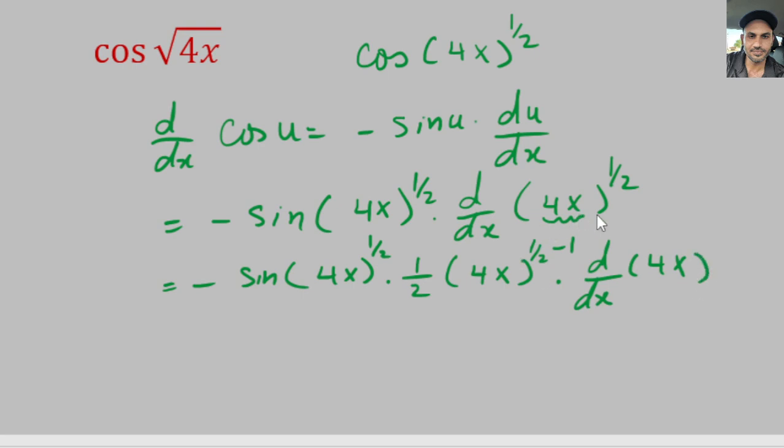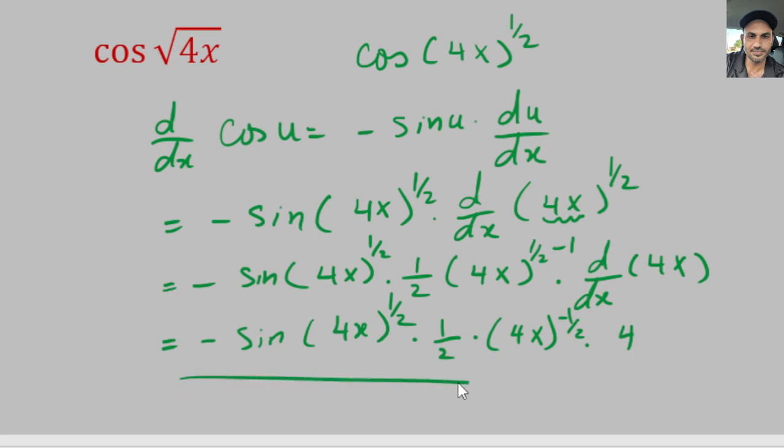So we apply the chain rule here as well. We get negative sine of 4x to the 1/2 times 1/2 times 4x to the negative 1/2 times the derivative of 4x, which is just 4. So this is the final answer to this problem.